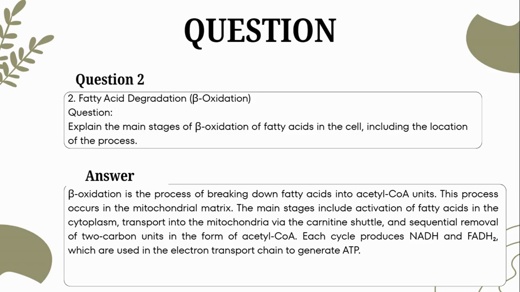The main stages include activation of fatty acid in the cytoplasm, transport into the mitochondria via the carnitine shuttle, and sequential removal of two carbon units in the form of acetyl CoA. Each cycle produces NADH and FADH2, which are used in the electron transport chain to generate ATP.